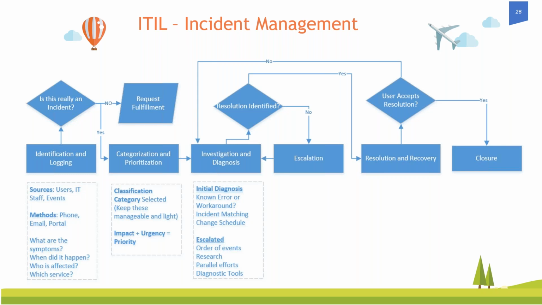What kind of tools might be used to do this further diagnosis, and ultimately, maybe you find the resolution here, and you can get onto the resolution recovery step. You might have to escalate, and if you escalate, that escalation step essentially boils down to one field, the support group field, and potentially the assigned user field.